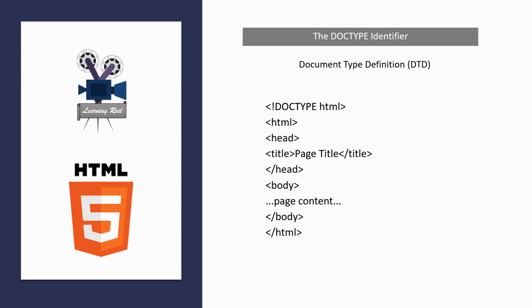This is followed by the HTML tag and then the head and the body tags. In the example given, which you see on the screen, the HTML5 doc type or document type appears before the page structure tags.